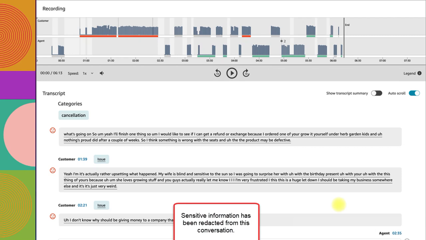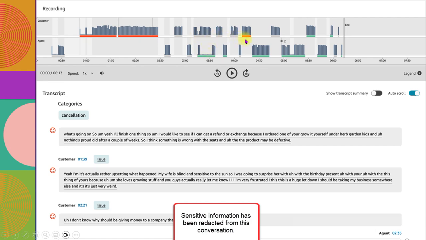Okay, this is another picture that Amazon shows, and I like this picture because this is where you see the customer sound file and the agent sound file. The customer's doing a lot of the talking, which is good. Then the agent is trying to help out.